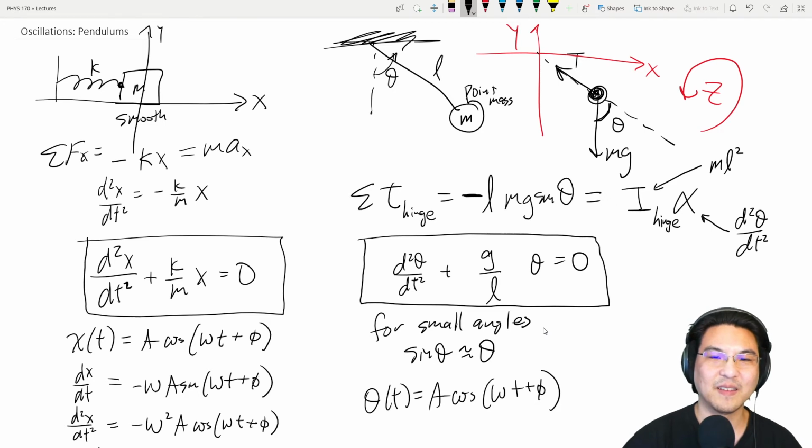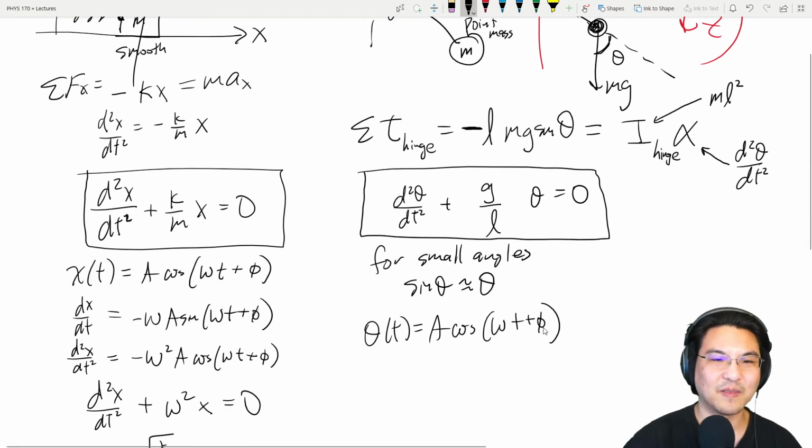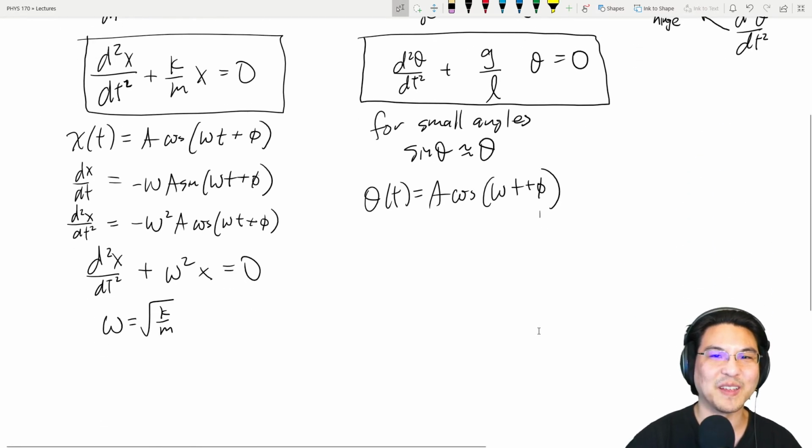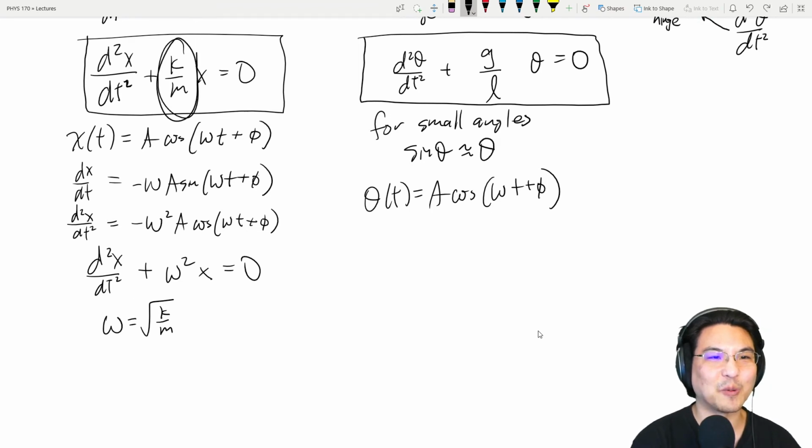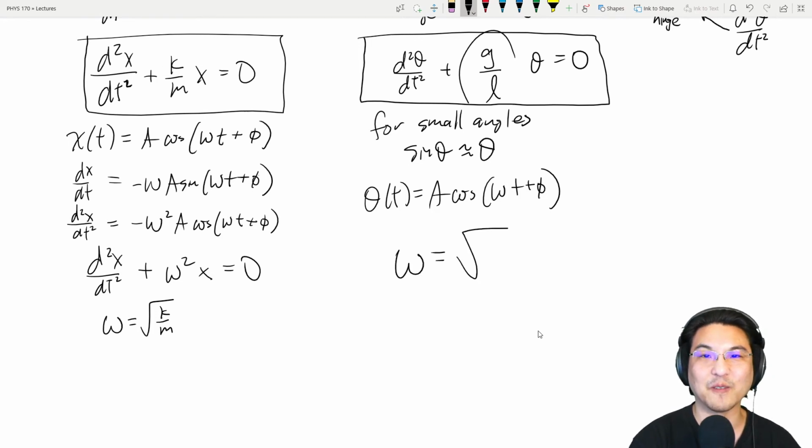And let me fast forward to the answer we got over here. This angular frequency was root k over m, which is just the square root of whatever was sitting over here. So over here, the angular frequency is the square root of whatever is sitting over here, g over l.